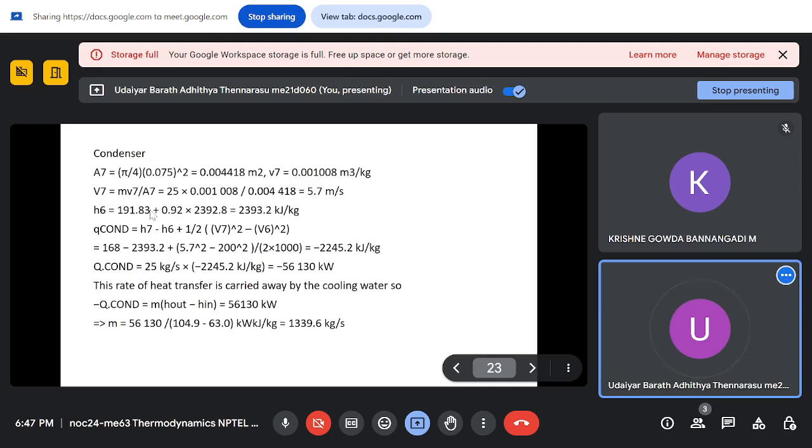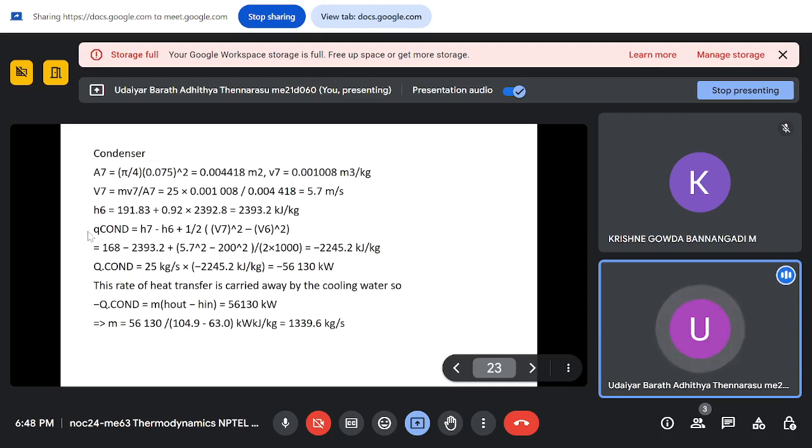You have no work transfer in the condenser, so W is 0, and this is a steady flow energy equation, so there is no change in energy term. D by dt is 0. This is nothing but inlet enthalpy plus kinetic energy plus potential energy equals Q plus exit enthalpy, kinetic energy and potential energy.